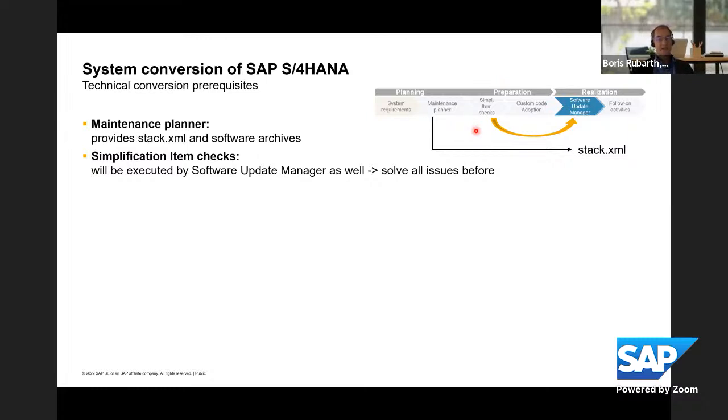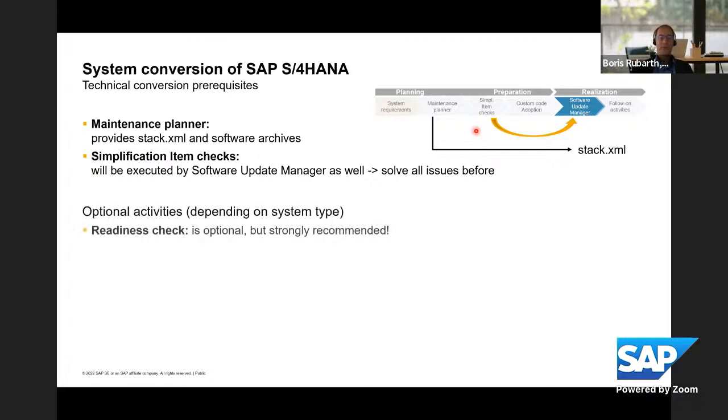The tool will start exactly the same checks, and if there's an open issue, the software update manager will stop and block the conversion. So you have to solve all issues beforehand to not run into issues during the execution of the software update manager. These are the required prerequisites for starting the software update manager.